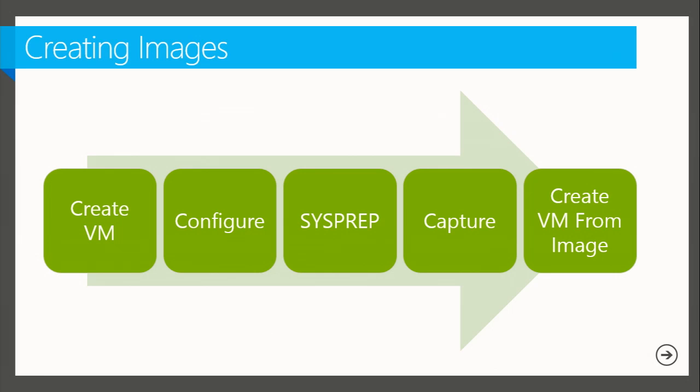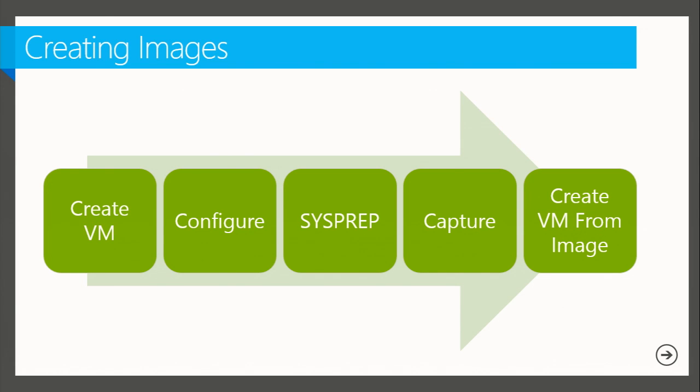So create an image. When we create a virtual machine, we might want to go, right, I want to put my antivirus software in there. I want to go and configure it how I like it. I want to put IIS as a role on, maybe some other things. And then I want to make lots of these copies. So what I can do is create a virtual machine, configure it how I like, and then run sysprep.